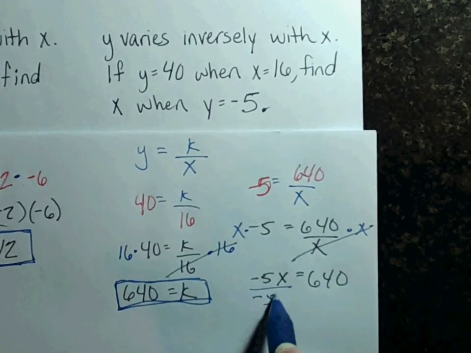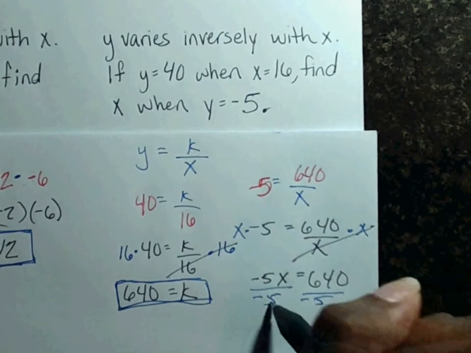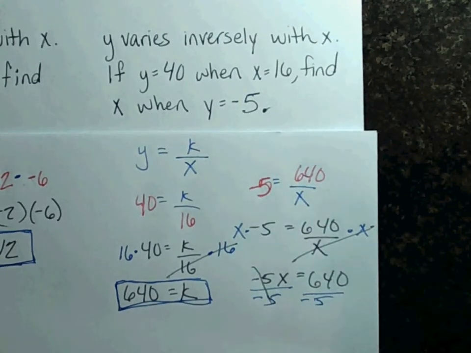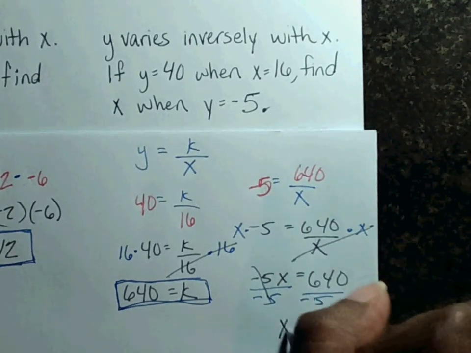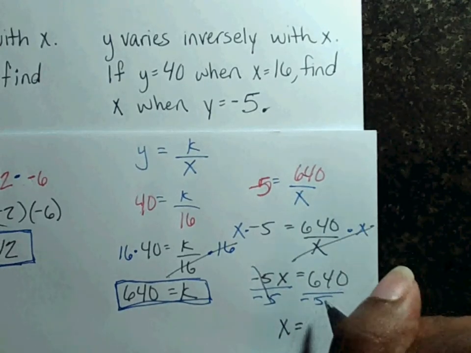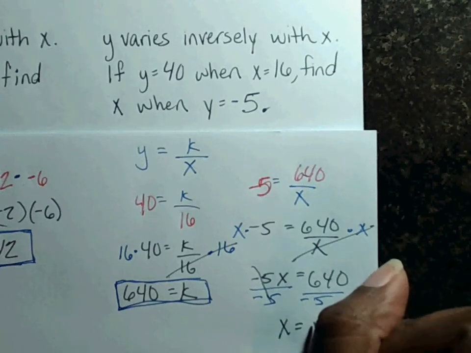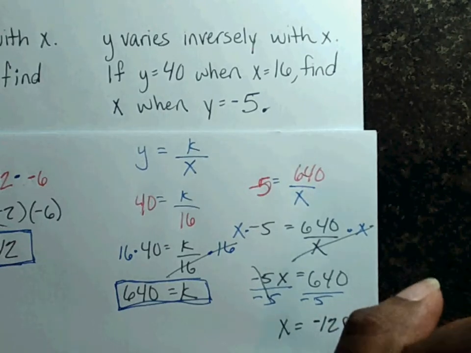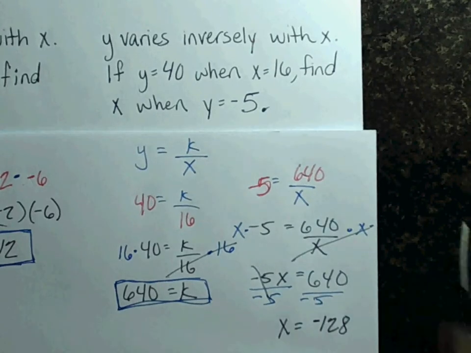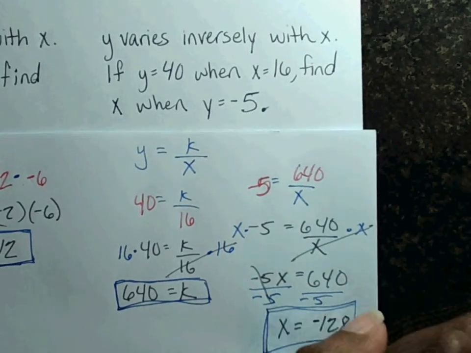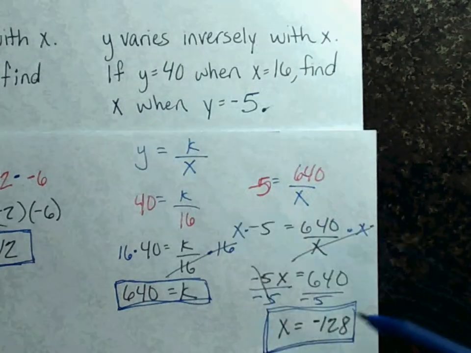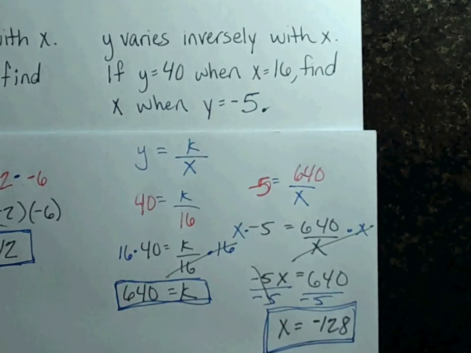Divide by negative 5. When you divide by negative 5, you say au revoir, and all of a sudden you have x equals, and over here 640 divided by negative 5 is negative 128. I'm going back to my problem. It asked me to find x. I found x. X is negative 128. I am done.